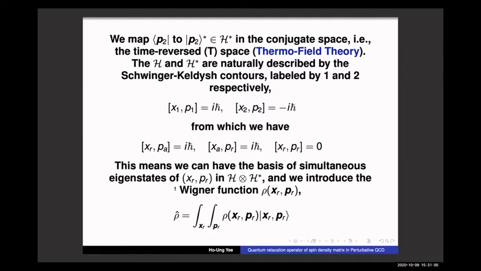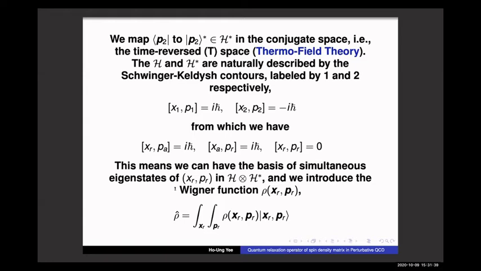In this language, this H star part is easily described by the second contour in the Schwinger-Keldysh formalism, labeled by 2. But the point I'd like to make is that because of this complex conjugation, and since the momentum is i h-bar times the gradient of x, because of that i, this momentum changes sign under this complex conjugation operator.